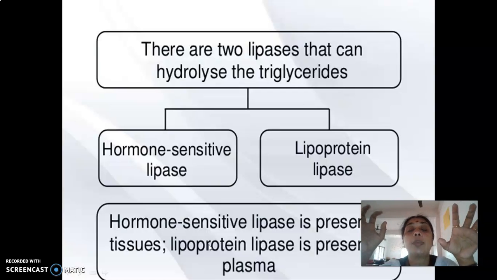The very low density lipoprotein transports the endogenous TG from all the remaining tissues, the extrahepatic tissues, to the liver. So VLDL transports the endogenous lipids while chylomicrons transport the exogenous lipids, especially the TG.